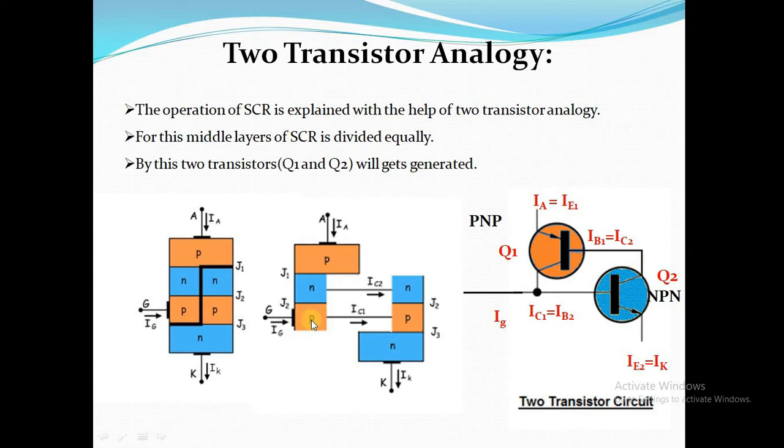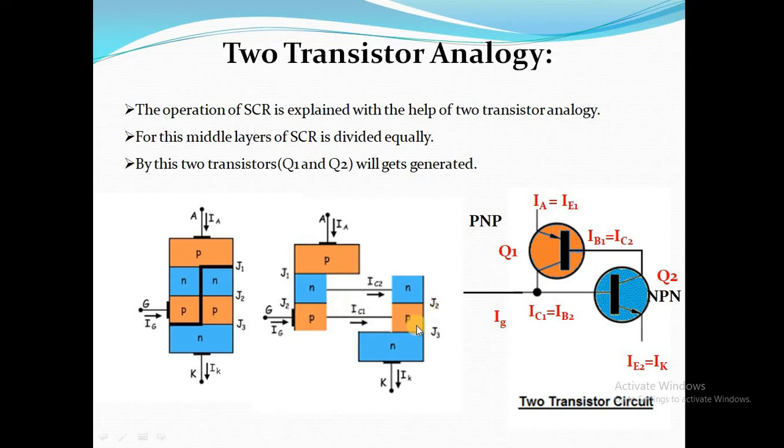Next, the collector terminal of the first transistor is connected to the base terminal of the second transistor. So this is the collector terminal and this is the base terminal of the second transistor, and these two terminals are internally connected. So this is the connection.